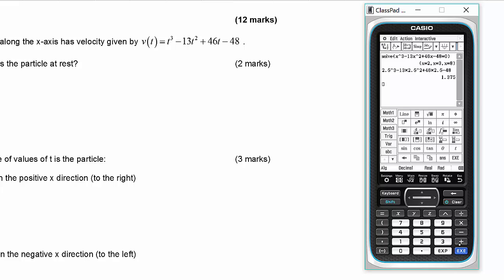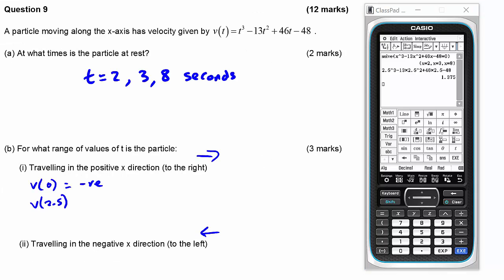So that's positive. And then somewhere between 3 and 8 we need to check.